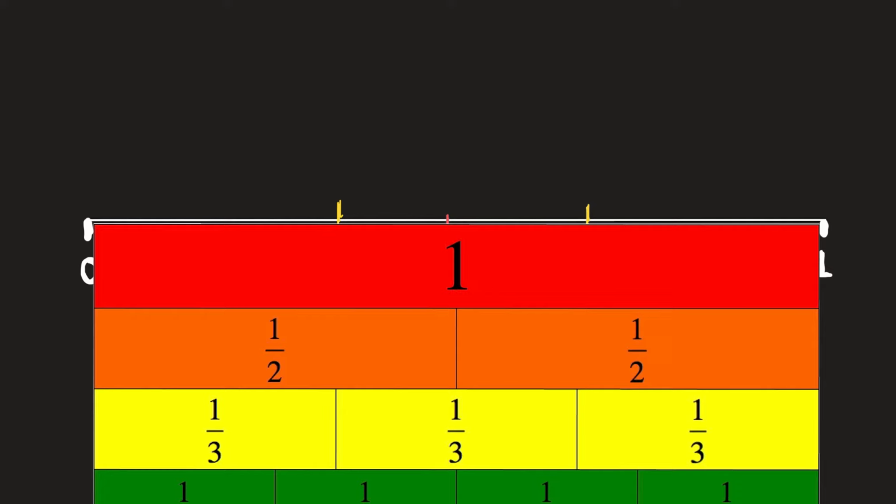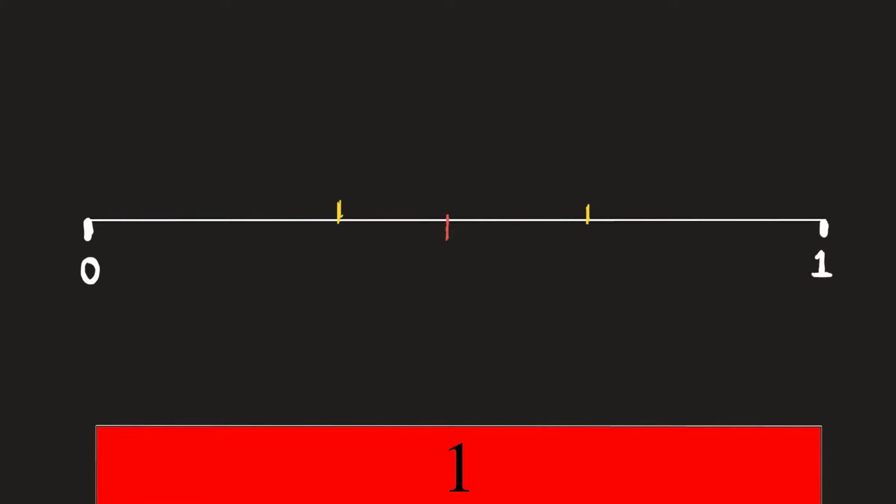And so now you're looking at 1/3. So what you're looking at here is 1/3, 1/3, and 1/3. 1/3 here, 1/3 here, and 1/3 here. So together that makes a whole. That's 3/3.